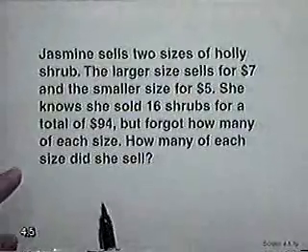So for understanding the problem, we've read it, and we need to find out how many of each size she sold. So there's 2 sizes, and we need to decide how many of each she sold. We're going to use the table, so we need to fill in values from the table. And let's make a note of one thing.